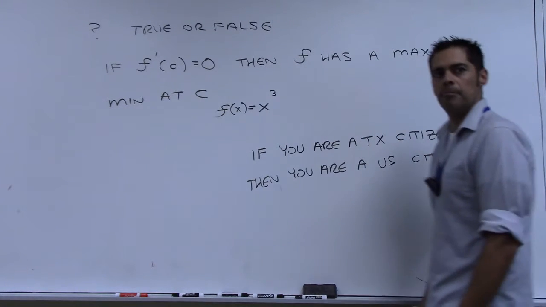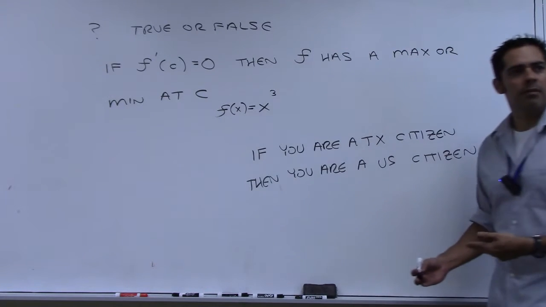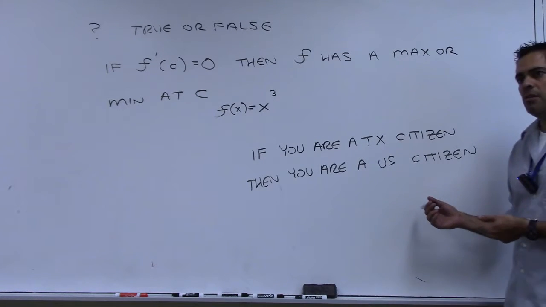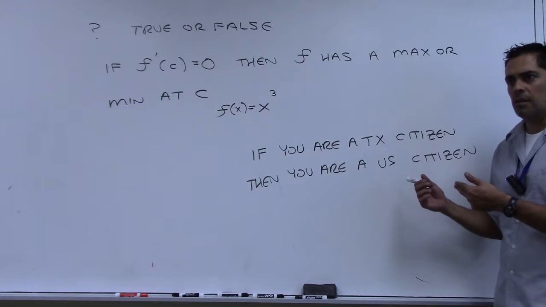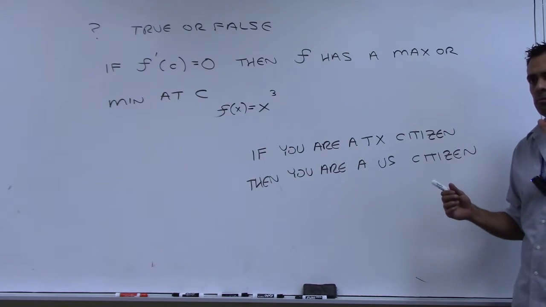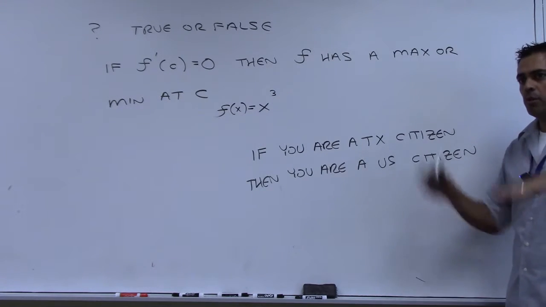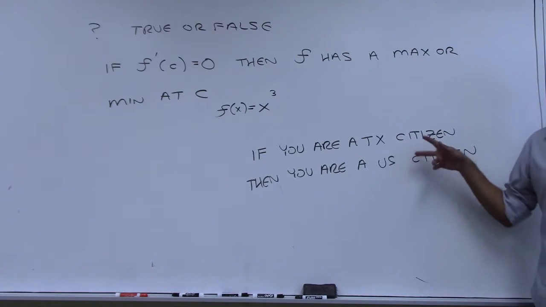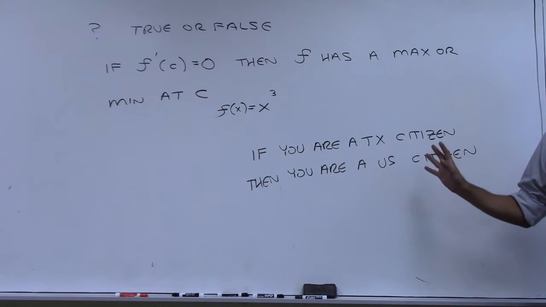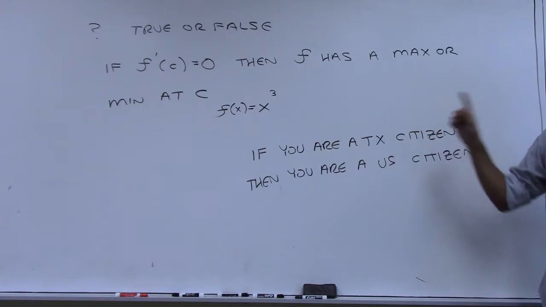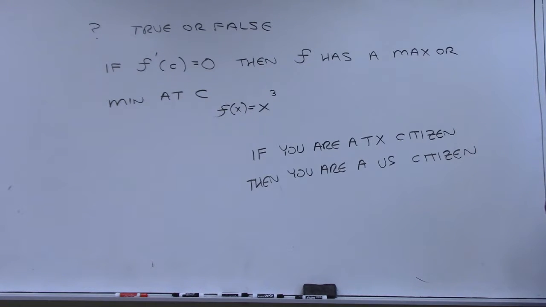Agreed? Does it work the other way around? If you're a U.S. citizen, are you therefore a Texas citizen? No. So it doesn't work the other way around. That's the way theorems are too in mathematics. When they're written a certain way, you always have to go in that direction.